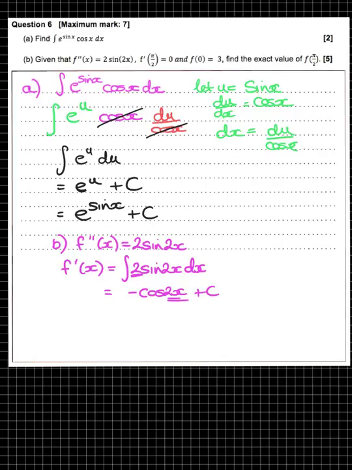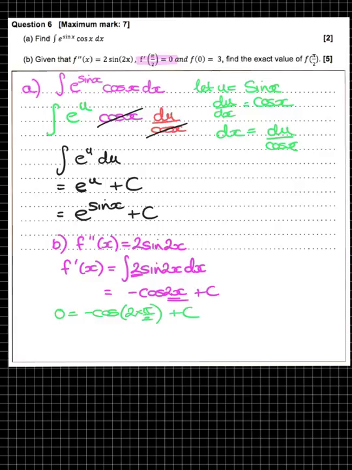So we have that. Now, what we were given in the question was this little key here, and that's what we're going to use now, okay? So what we know is that it equals 0 when we sub in pi on 2 into the first derivative, f prime. So that's negative cos of 2 times pi on 2 plus c.